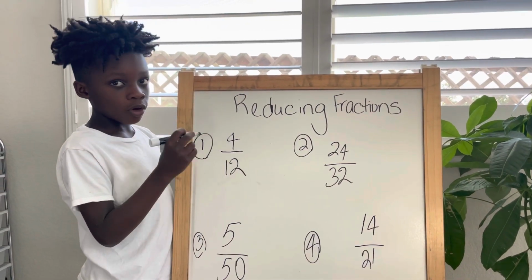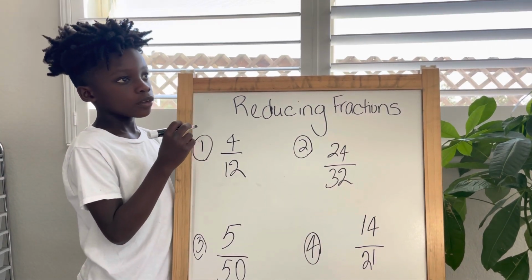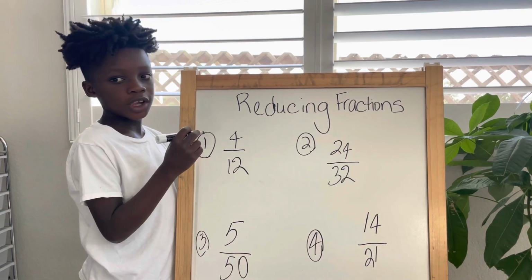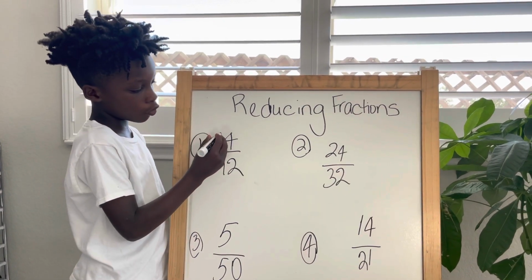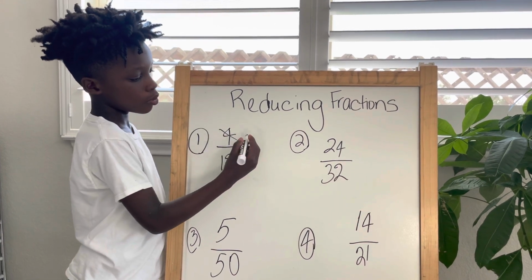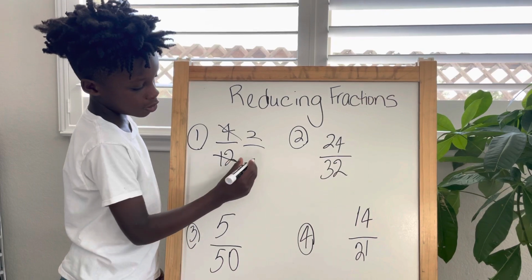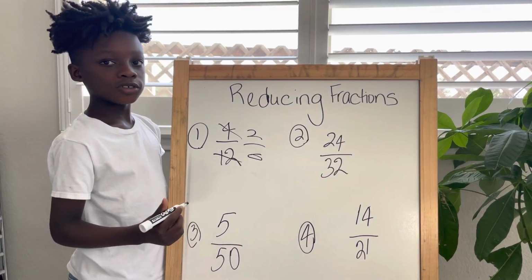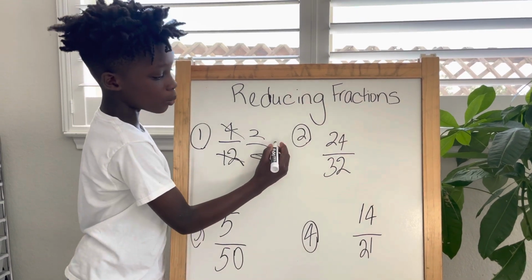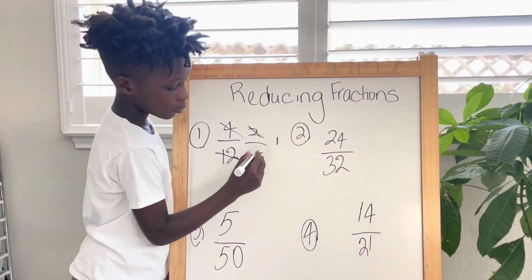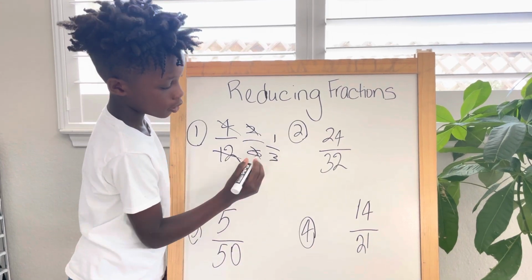Because the goal will always be to divide it to the lowest you can get it, to where you can't divide anymore. For instance, somebody could do this: 4 divided by 2 is 2, and 12 divided by 2 is 6, which is technically correct, but you can still divide 2 by 2 and get 1, and you can divide 6 by 2 and get 3.